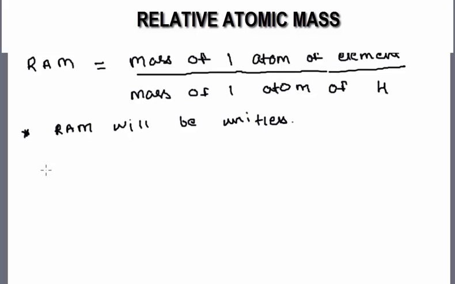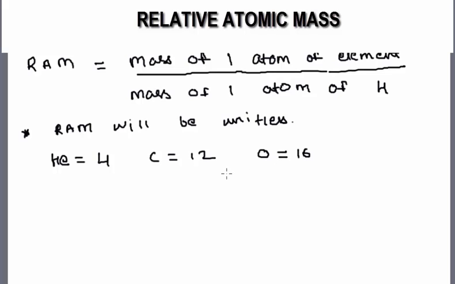Just giving you a few examples, we are not supposed to learn them: the atom of helium has a relative atomic mass of 4. The atom of carbon has a relative atomic mass of 12. The atom of oxygen has a relative atomic mass of 16.